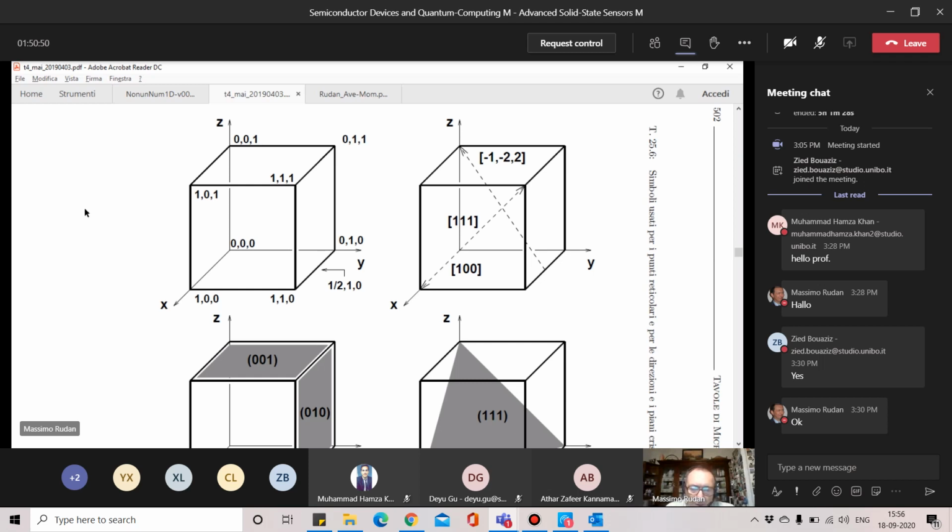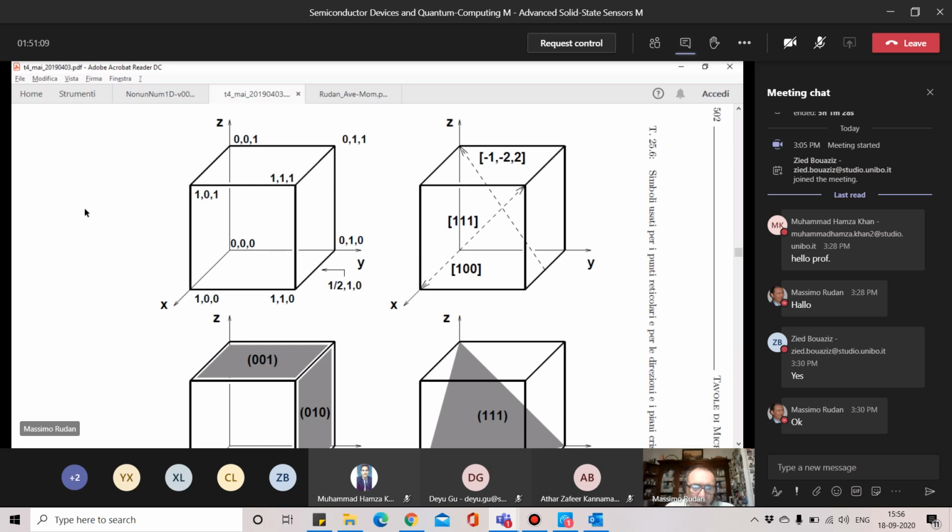So now we have to learn how to describe nodes, crystal directions, and crystal planes in general in lattices, but in particular in this type of lattice.